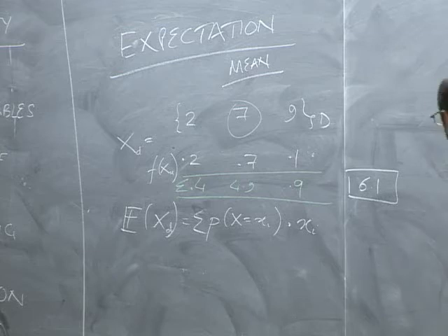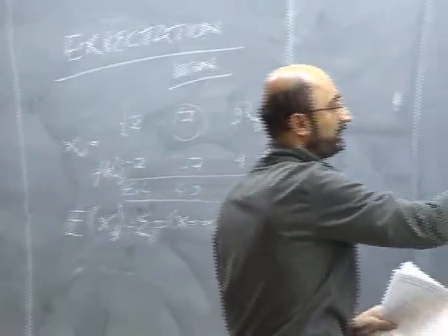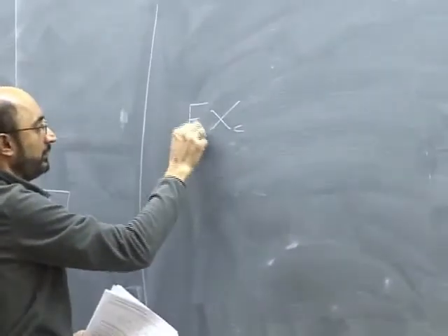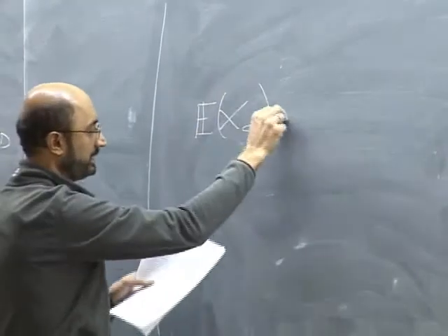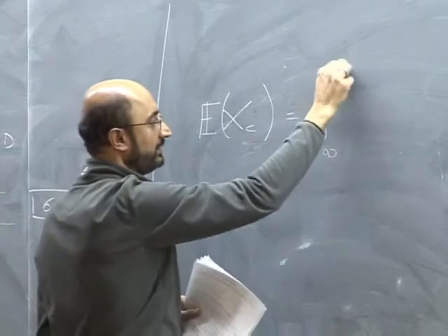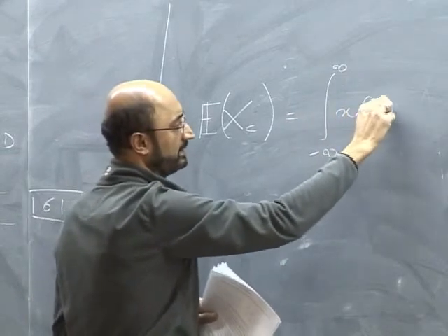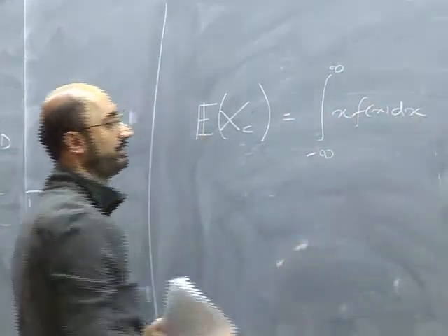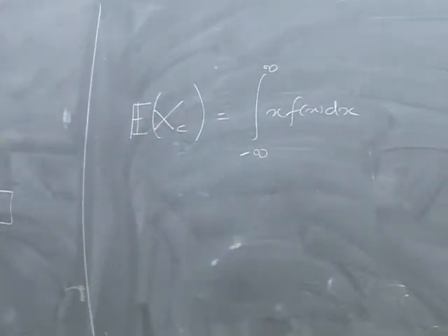For a continuous random variable X, the expectation, which is written like this or capital E, is going to be the integral from minus infinity to infinity of x f(x) dx.